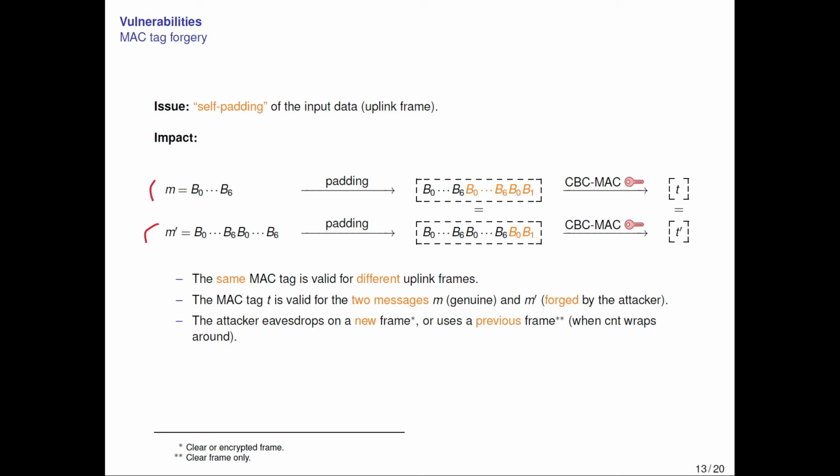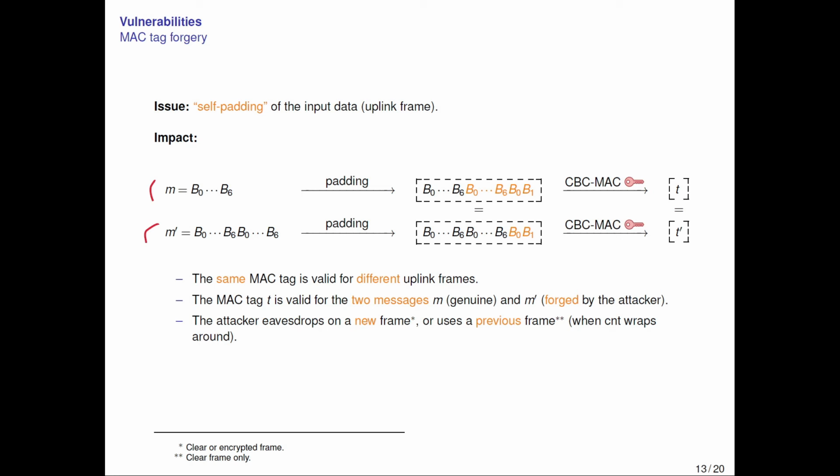Concretely, let M be a genuine message sent by a legitimate end device. An adversary can trivially forge a message M' from the genuine message M, and the adversary knows that the MAC tag for M' is the same as for M. In practice, the adversary has two possibilities.